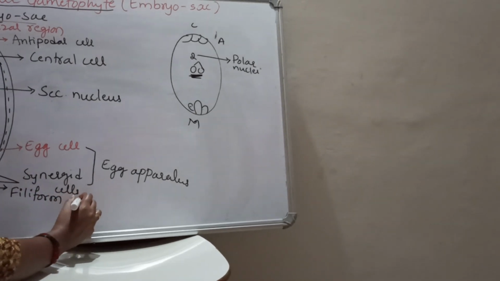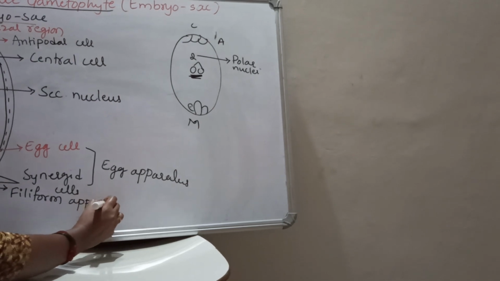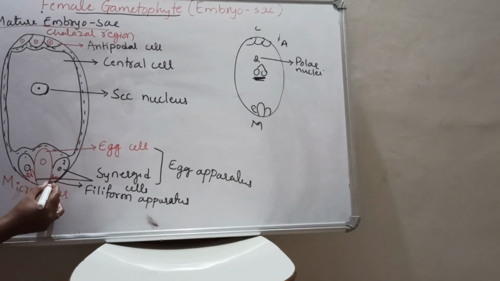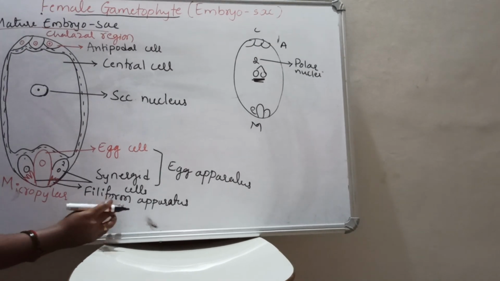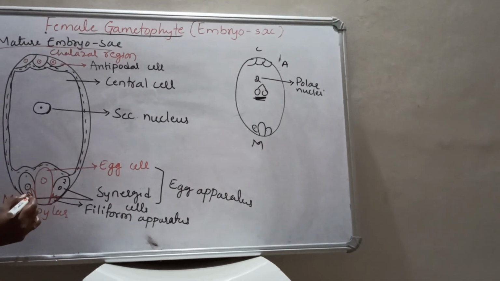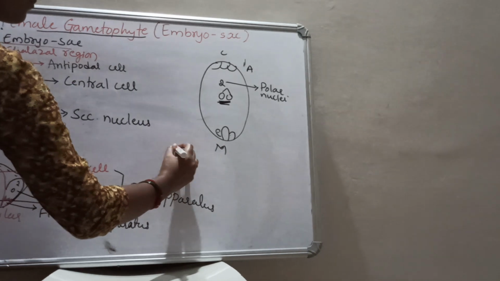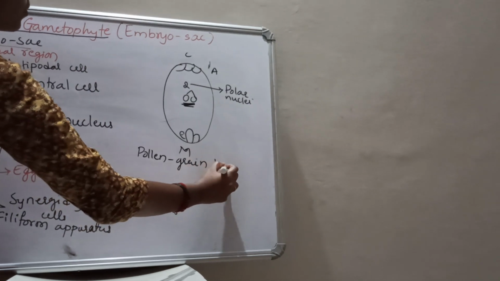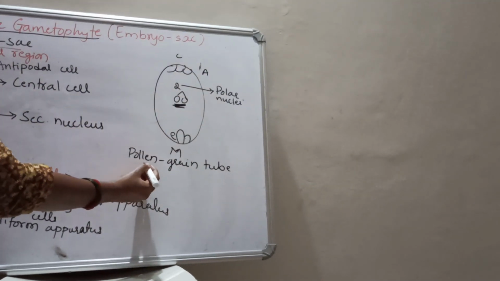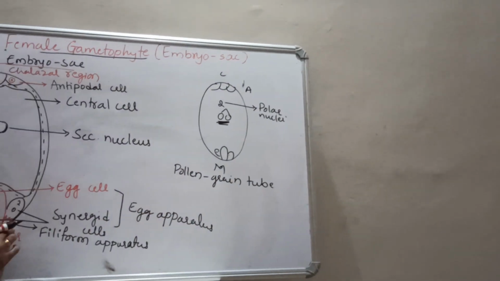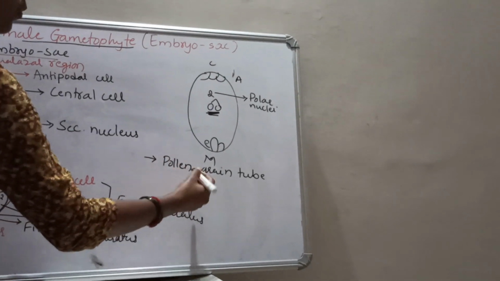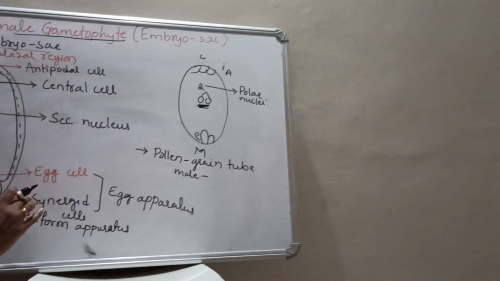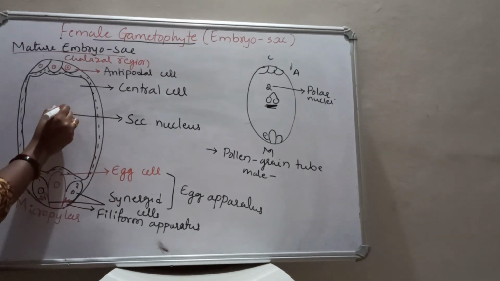This filiform apparatus helps the pollen tube. When fertilization takes place, the filiform apparatus helps guide the pollen tube to where the male gametes get released. Then here is the central cell.